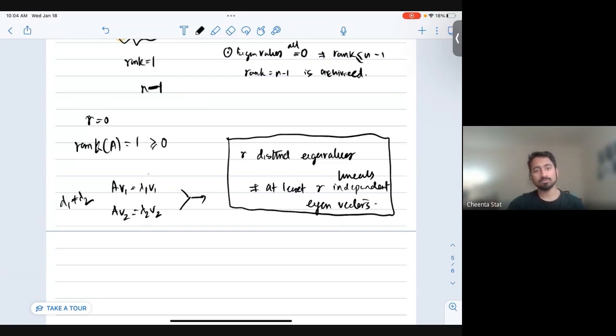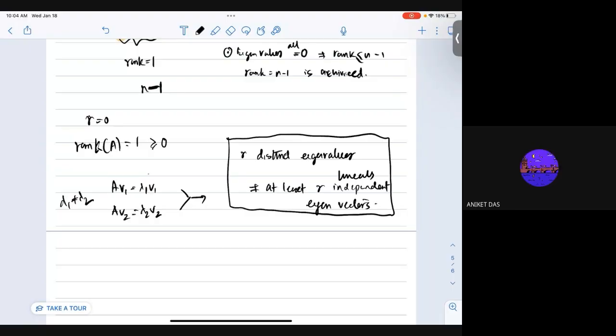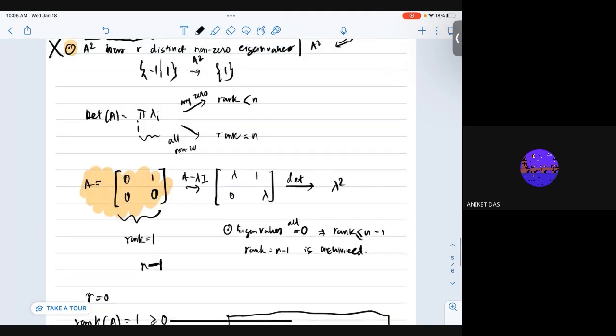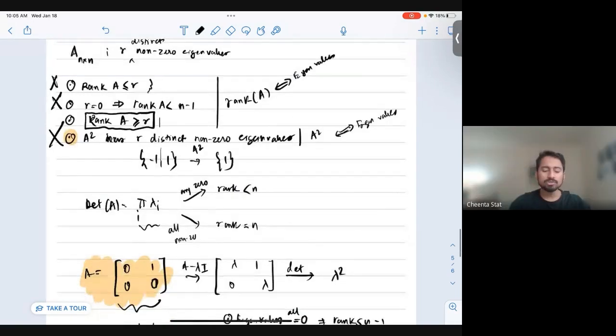Others? Yeah, Aniket. I didn't get how r equals 0. If, for example, you take an example where the eigenvalues are 0 and 0, then r equals 0.